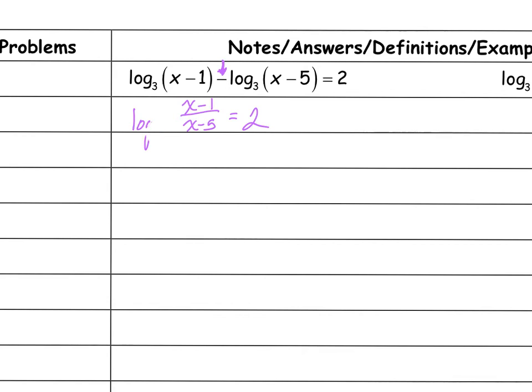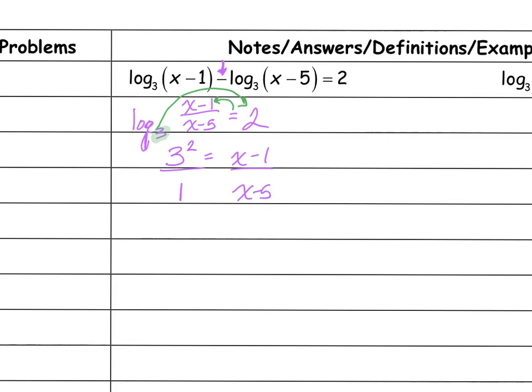Okay, so log base 3. Sorry, guys. So I'm going to take this to the second power equals that. Okay, so I've got 3 to the second power equals x minus 1 over x minus 5, and that's over 1.